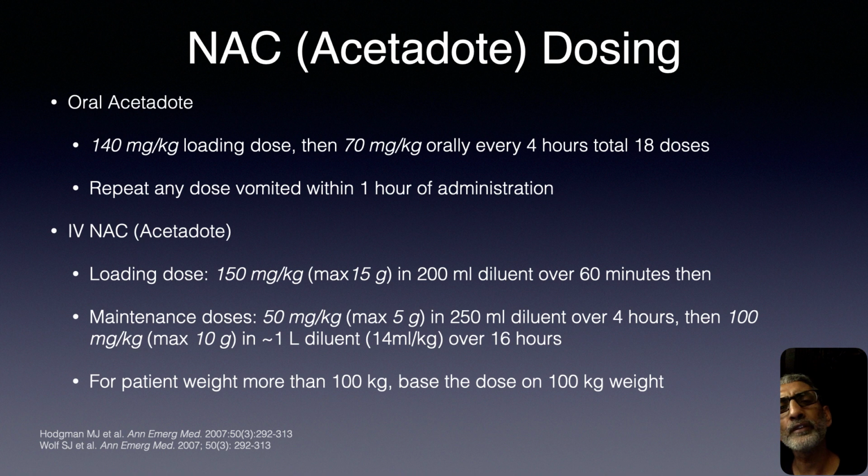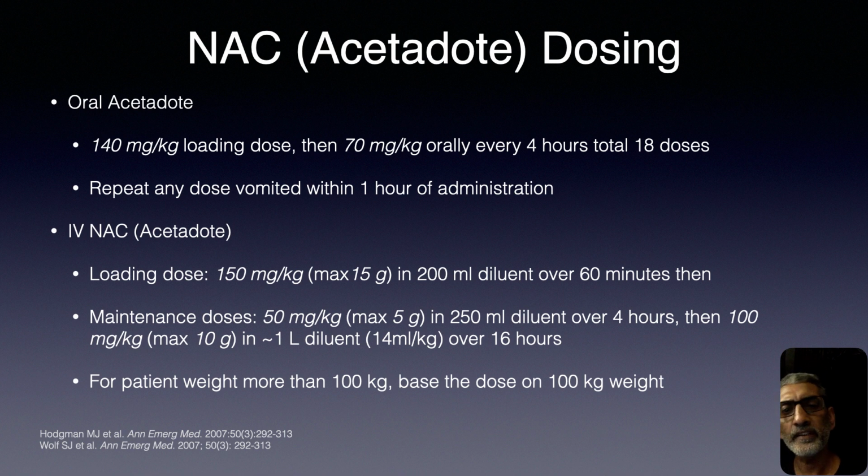In terms of the acetadote dosing, the dosing is different for PO and IV. As far as the oral is concerned, it's recommended as a loading dose of 140 milligram per kg, followed by a maintenance dose of 70 milligram per kg every 4 hours for 72 hours. Total 18 doses altogether.